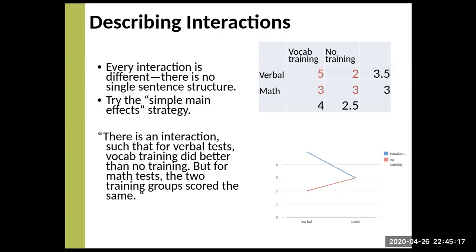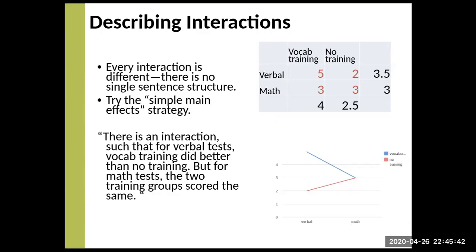And there's no one sentence structure like the main effect that would be as effective or as specific a way to describe an interaction. Since you're talking about both variables, it doesn't really matter which one you talk about. The book tells you to use what we call the simple main effect strategy.